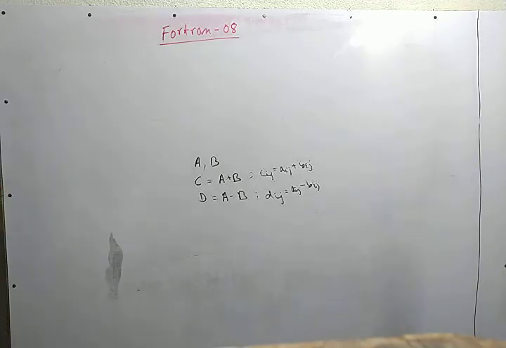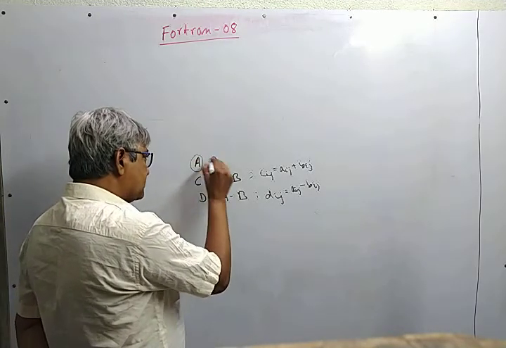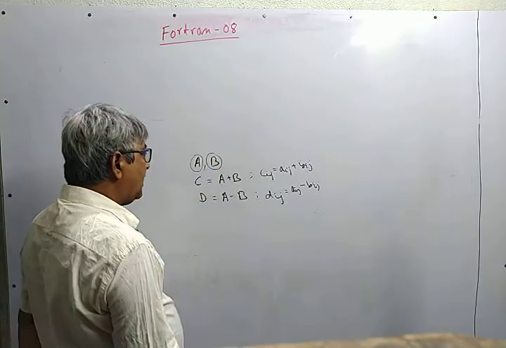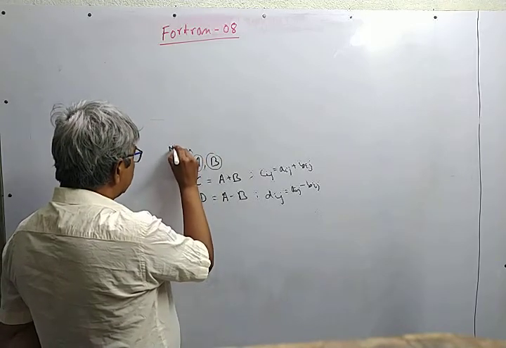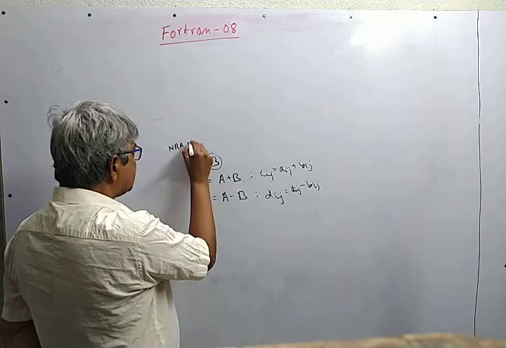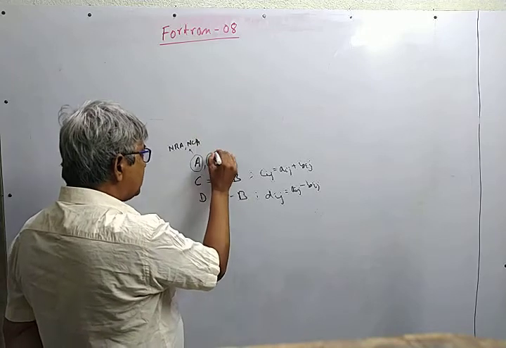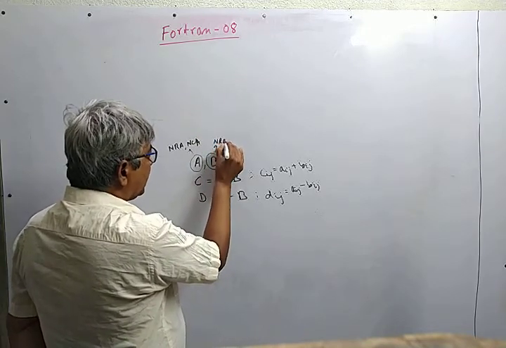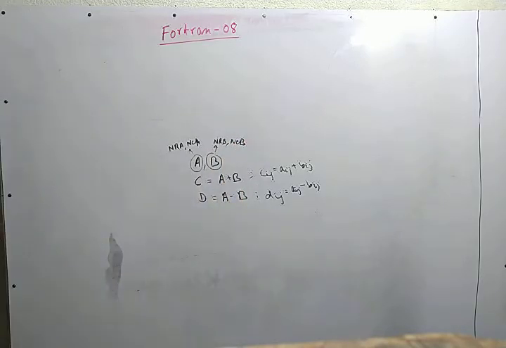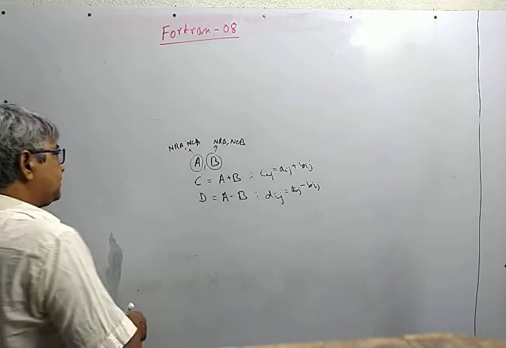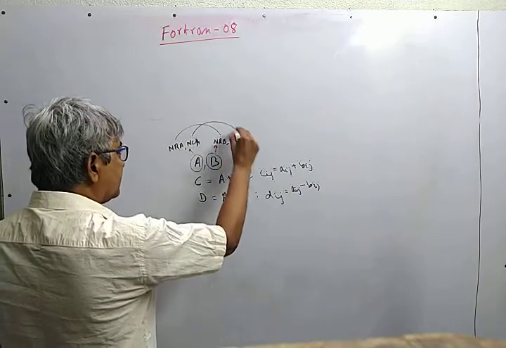So the program that I am going to do is that I shall assign two matrices A and B as two-dimensional arrays, and it will have number of rows NRA and number of columns NCA of matrix A. Similarly, NRB and NCB will be the number of rows and columns of matrix B. Then we shall check for the equality of the dimension, that is, this must be equal to this and together with this equal to this.